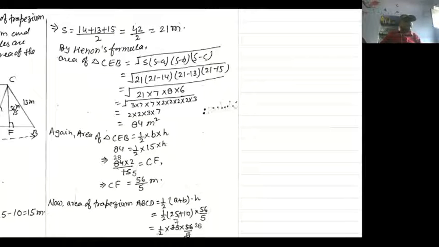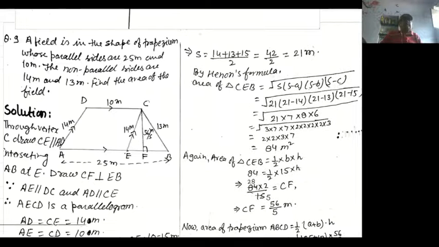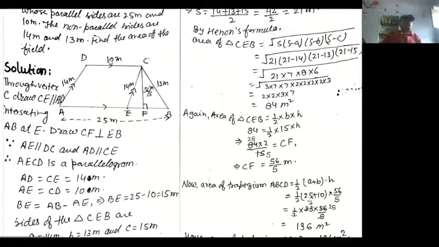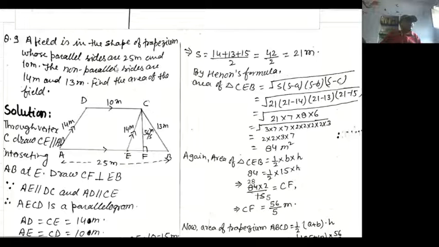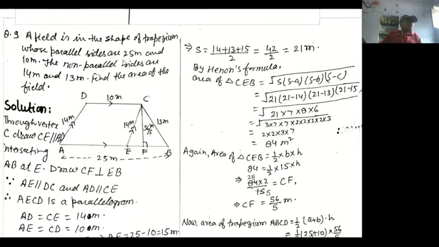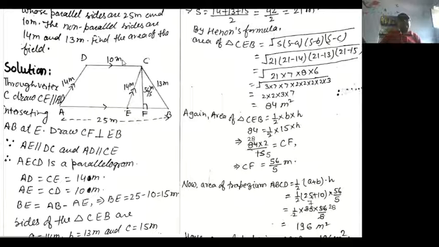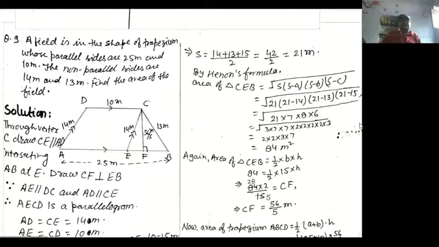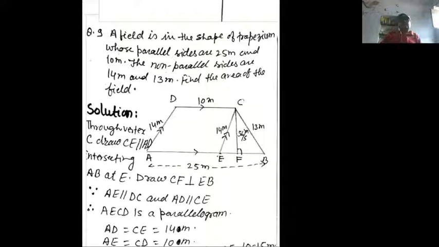Question number 9. This type of question is most important because in trapezium we see that first we do construction, divide the trapezium into parallelogram and triangle. We find the area of triangle.